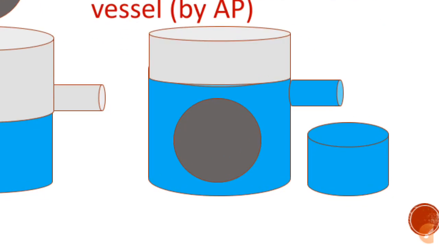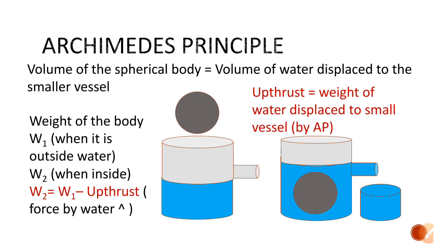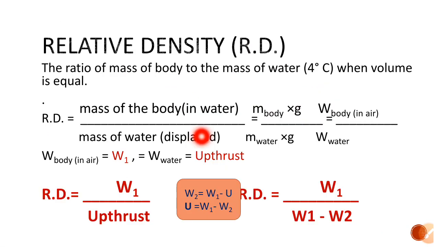Now see next how to calculate the relative density here. You all know that relative density is the ratio of the density of the substance and the density of water at 4 degrees Celsius.